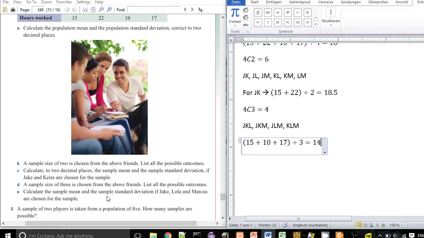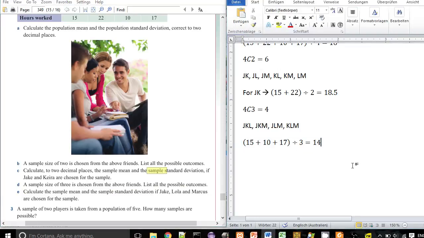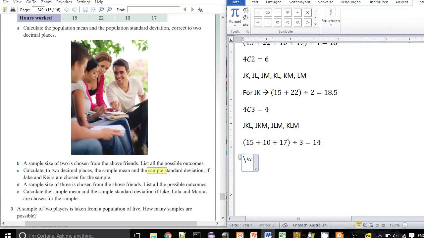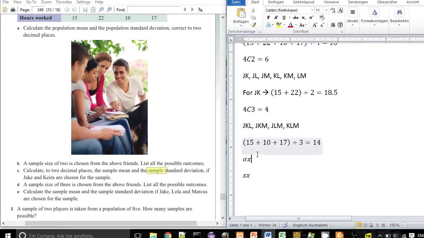Again, sample standard deviation, you have to use your calculator. And one thing I should really emphasize though, it says sample. So on your calculator you'll get options of this one, and you'll also get this one. So this is population. They're both standard deviation, but this is for a population, this is for a sample.